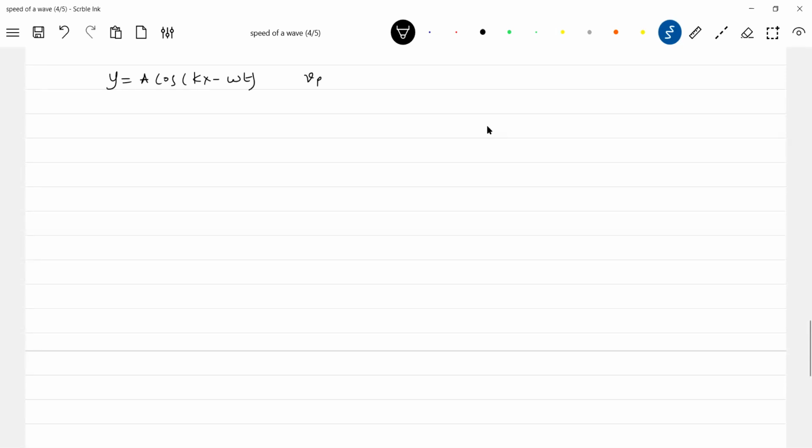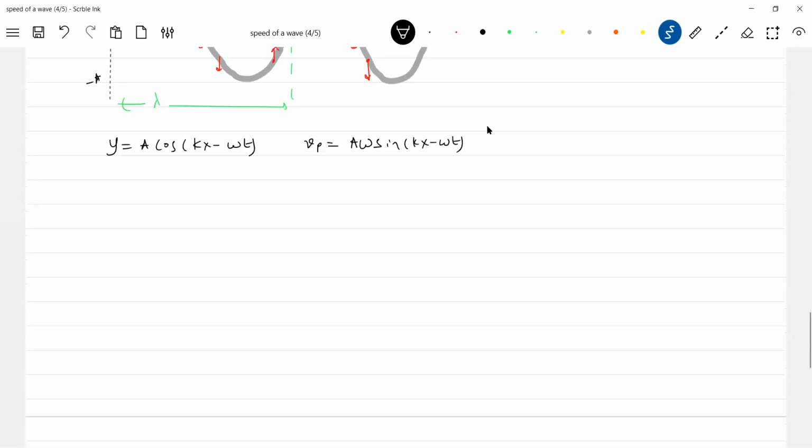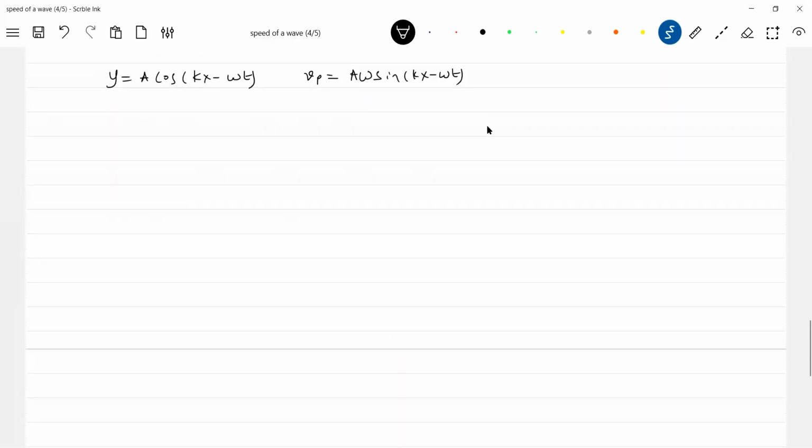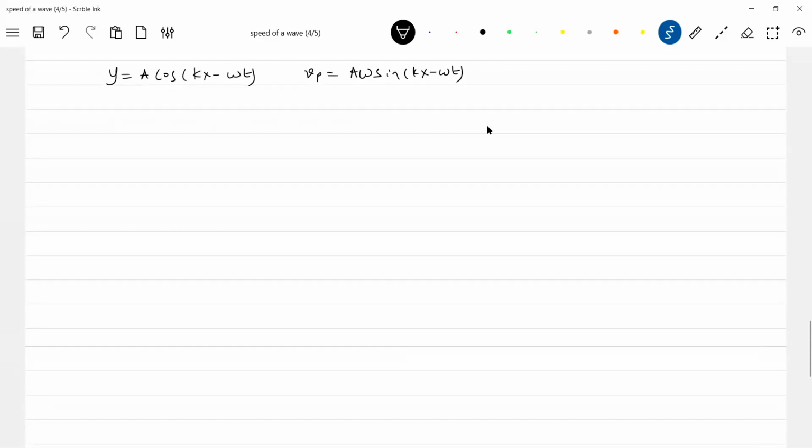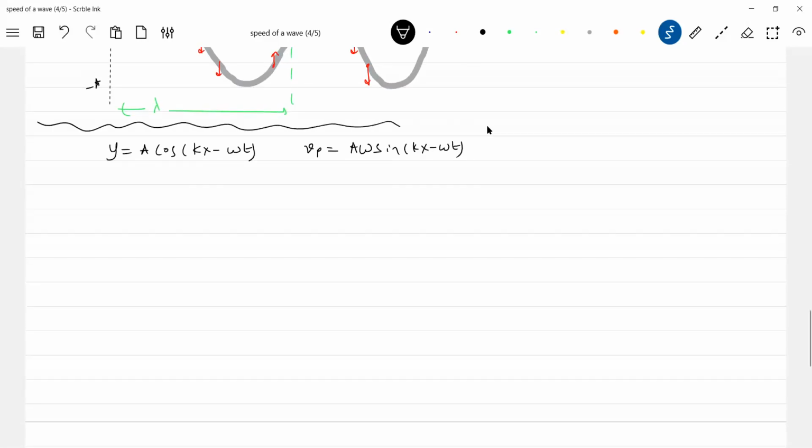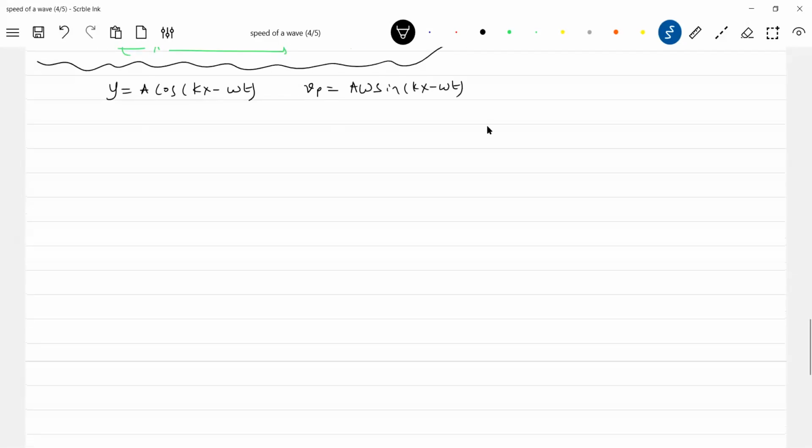I'll differentiate. This will be a omega sine kx minus omega t. Okay, everything at t equals 0. Next function. The particle speed is given by this one.